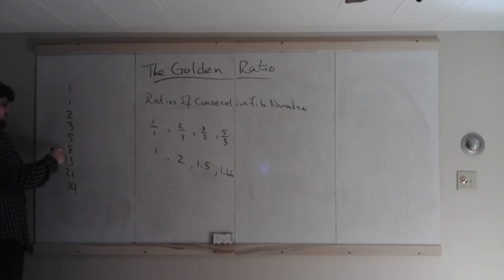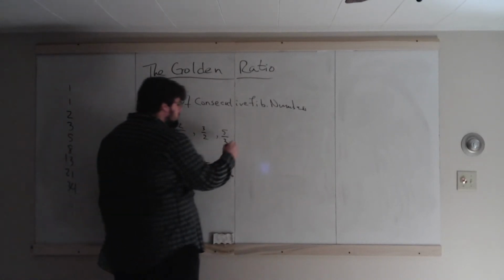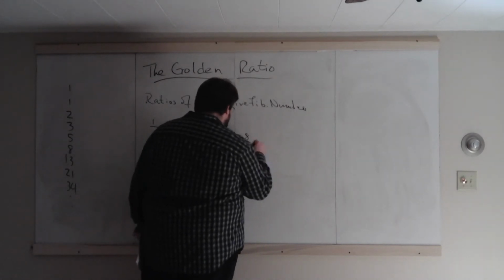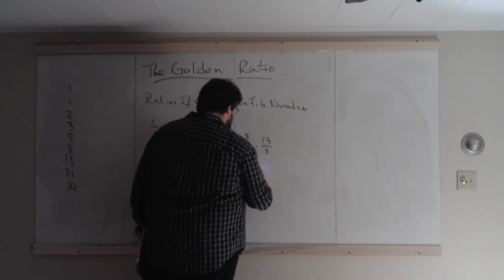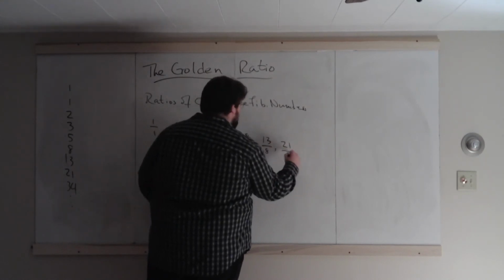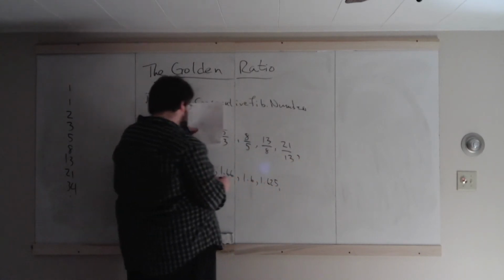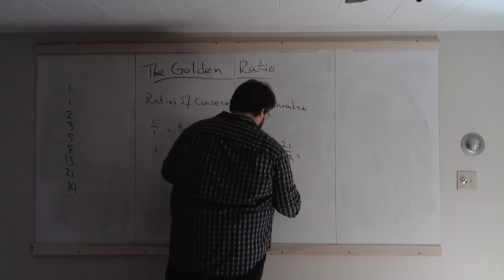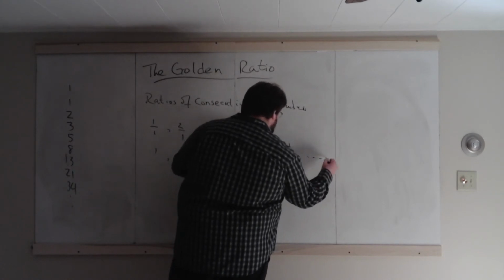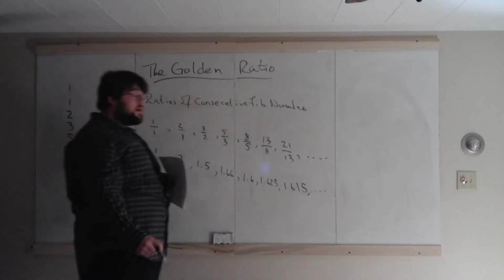Next, we have 8 over 5, which is 1.6. Next, we have 13 over 8, which is 1.625. Next, we have 21 over 13, which is about 1.615, and so on.